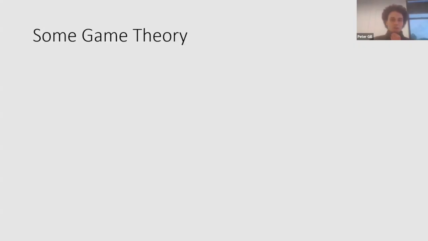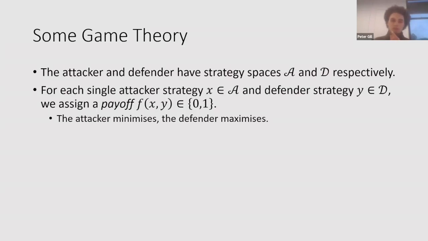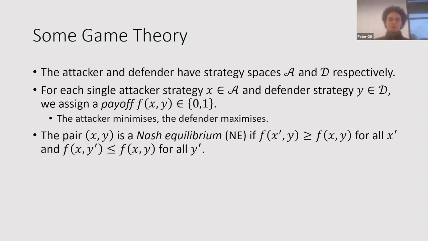We will be talking a little bit about some game theory in between the slides, just so that everyone's on the same page. A very natural definition: I have strategy spaces, the set of all possible strategies I can pick for both players. Given any pair of strategies, there's going to be some payoff.